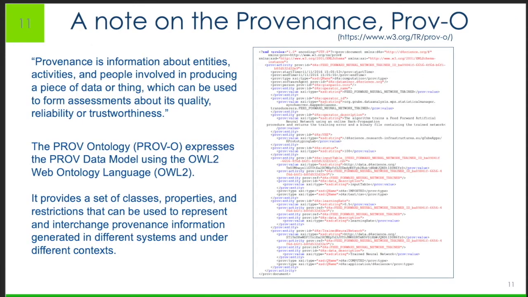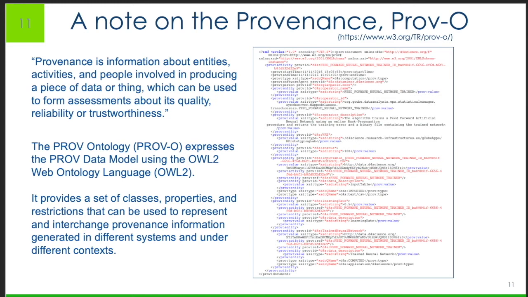So let's talk about the provenance. The provenance is information about entities, activities, and people involved in producing a piece of data or thing, which can be used to form assessments about its quality, reliability, or trustworthiness. The method engine uses the PROV-O format to store provenance information.